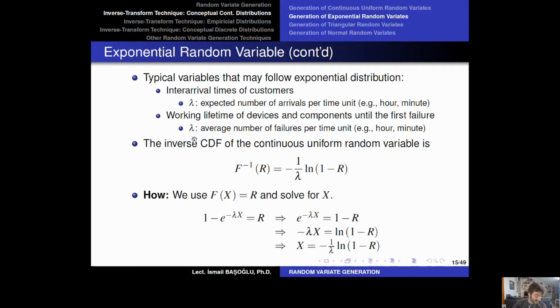Please understand this distinction between the rate parameter and the average of the exponential random variable. The expected value of an exponential random variable, or its average, is 1/lambda, and the rate parameter indicates the inverse of the expectation. But the main thing that we are studying here is how we are going to determine the inverse CDF.